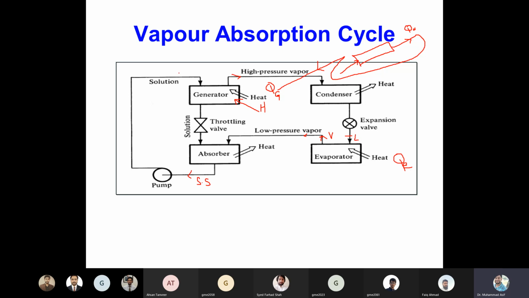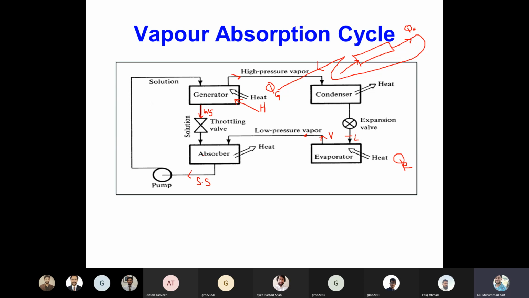But when it is supplied to the generator, as a result of the heat supplied, the refrigerant vaporizes, but it is not 100% vaporized. Some fraction of the refrigerant remains, so it comes back into the absorber. We call it weak solution because it contains less concentration of the refrigerant. So this weak solution is now coming back into the absorber.